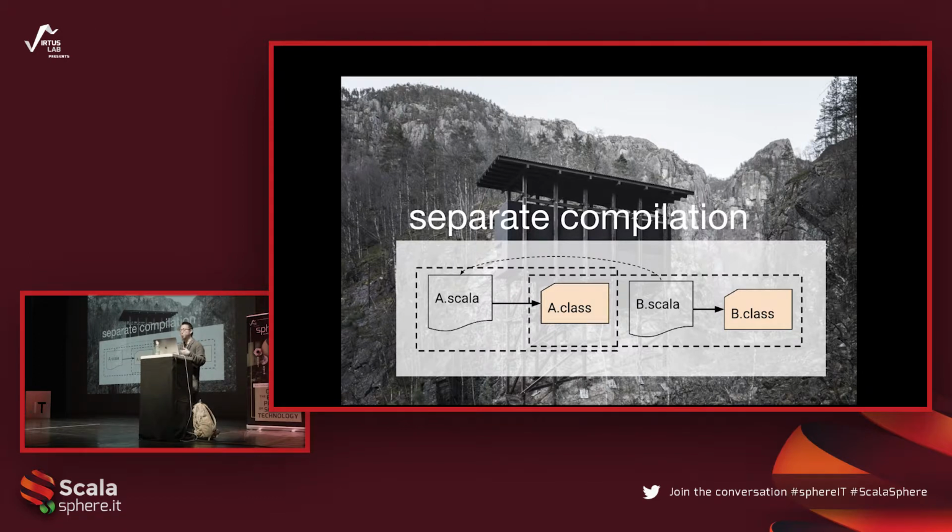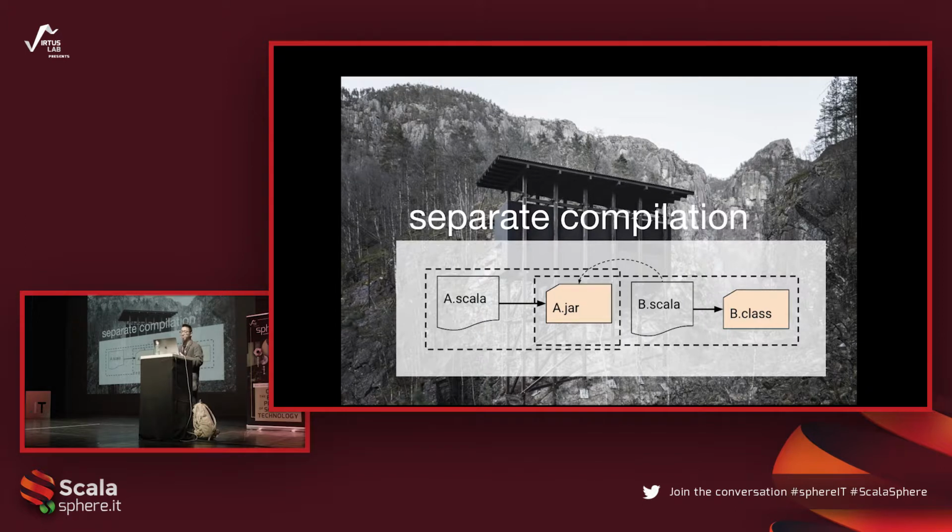A more general case is if there's a library like a.scala and a bunch of other files that generates a.jar, and then your application b.scala can refer to the jar by putting a.jar into the classpath.